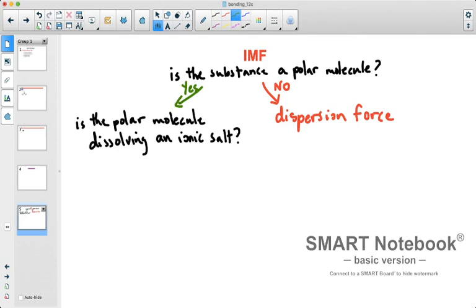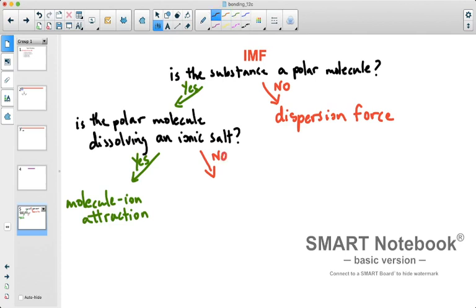Now, when I answer yes to this question, I am able to distinguish that I have now a molecule-ion attraction. Molecule-ion attractions only deal with a polar liquid, like water, and an ionic salt. Now, unfortunately, when I answer no, I'm left with two more intermolecular forces.